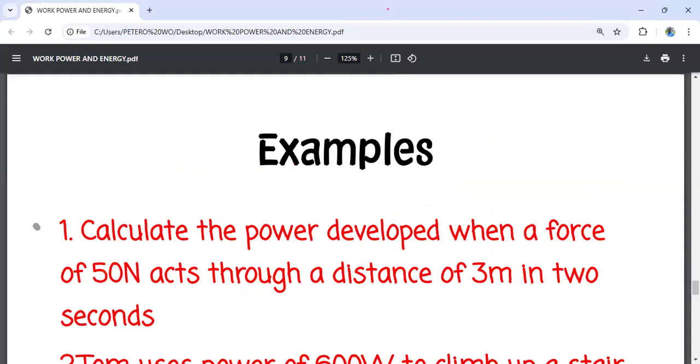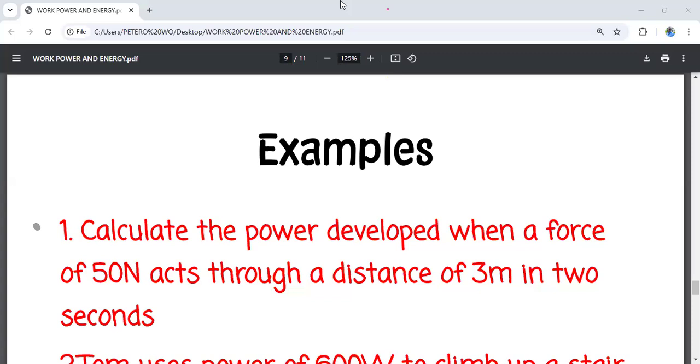So example 1 says, we calculate the power developed when a force of 50 newtons is acting through a distance of 3 meters in 2 seconds.